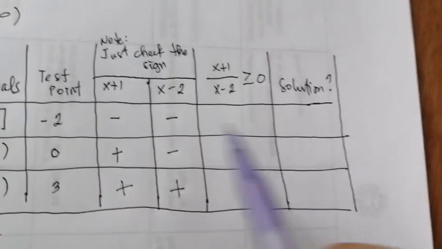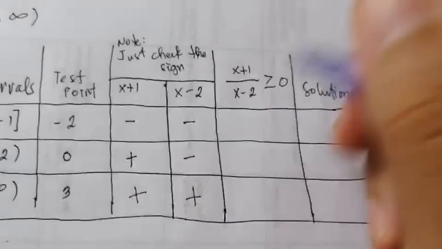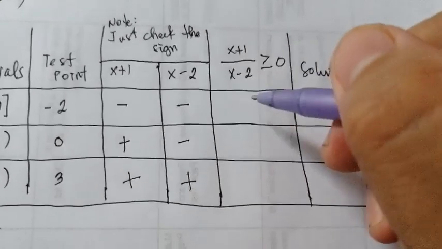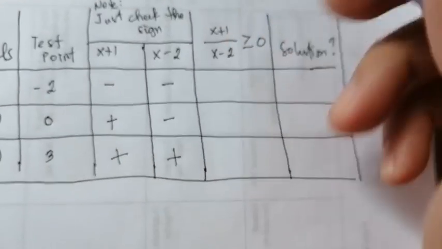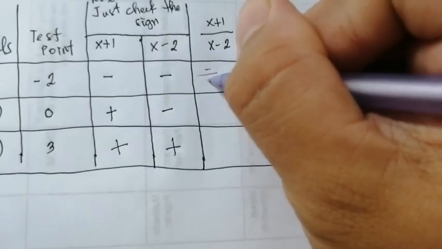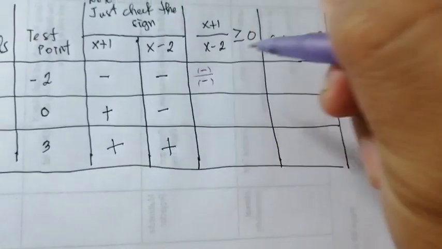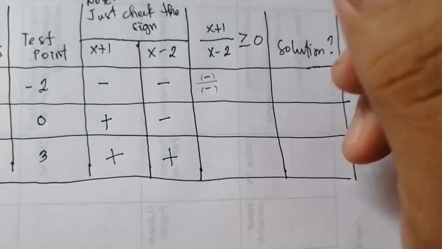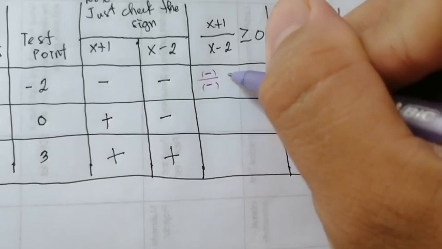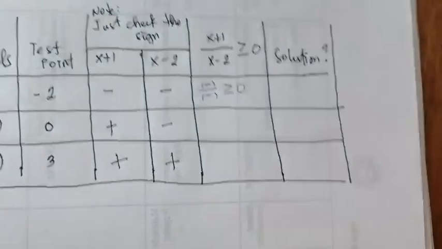So, since nakuha na natin yan, yung lahat ng intervals sa kanya ng sign, so substitute na natin dito. So, yung x plus 1, we have the negative. So, that's negative over negative. Is equal to positive. And positive is greater than or equal to 0.